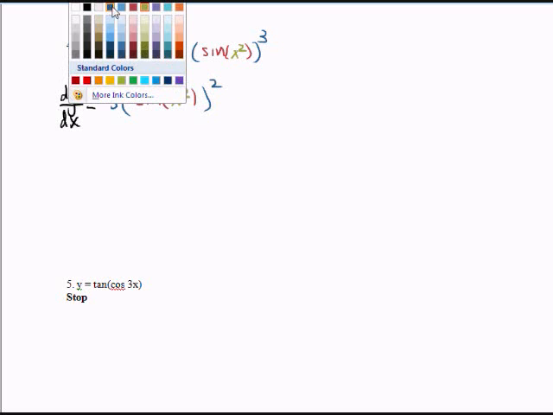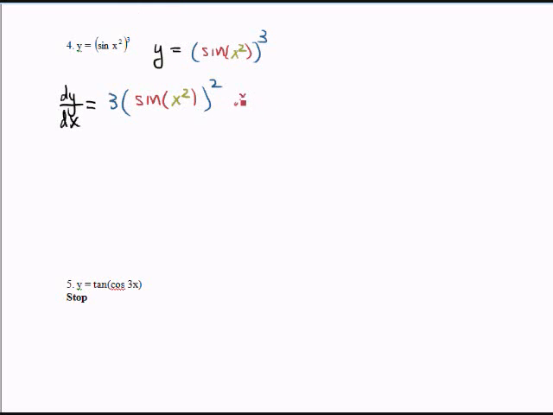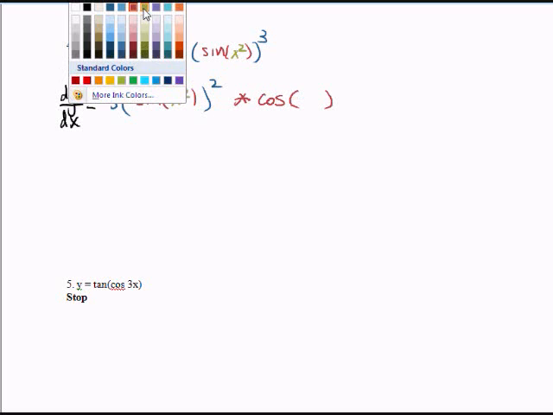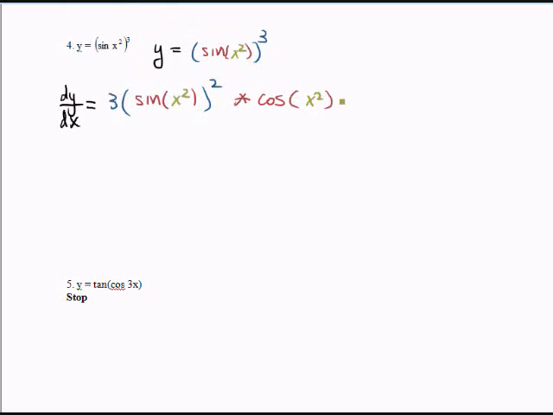Times that by the derivative of the red, which is cosine of its inside, times the derivative of its inside, which is 2x. So we just change the order a little bit and we're all set. 3 times 2x is 6x. I'm going to put the cosine x squared up front. So it's cosine x squared times sine squared x squared.